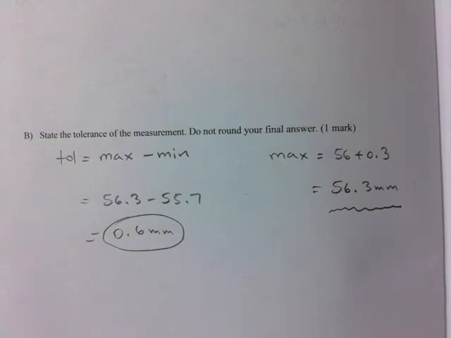So in essence, the tolerance is always you taking the maximum and the minimum away. Tolerance indicates the range of acceptable values so that the part or the item can still be used for its intended purpose. Okay. Let's keep going.